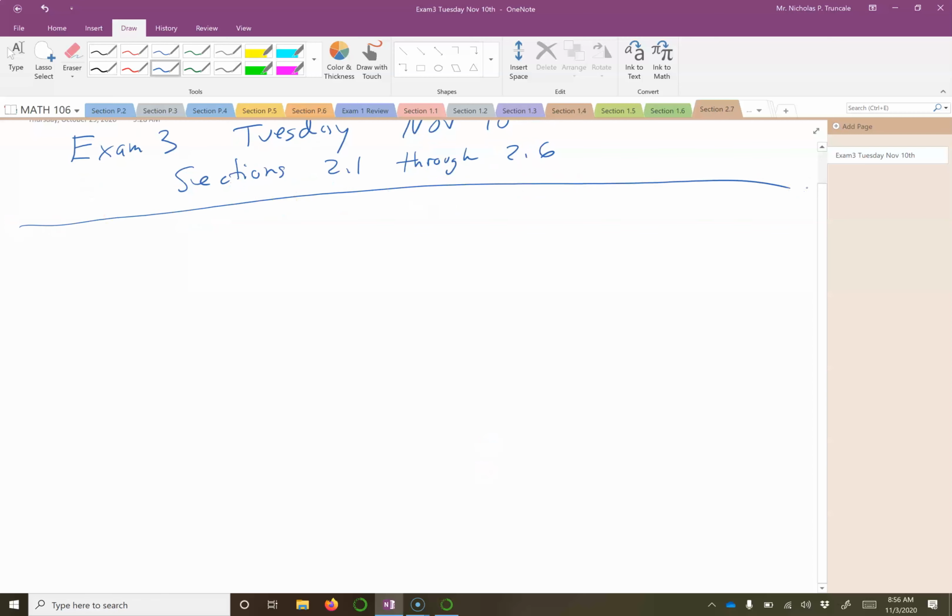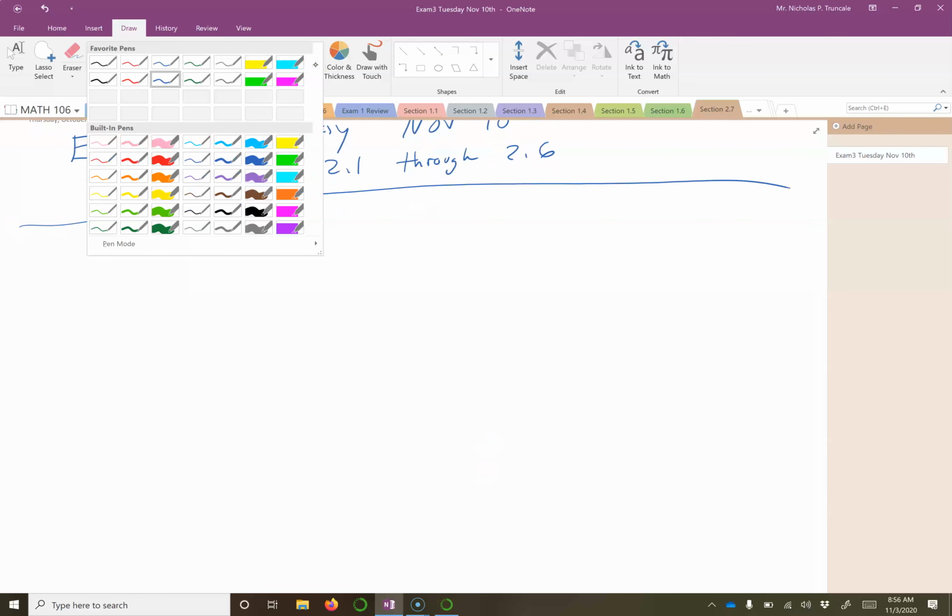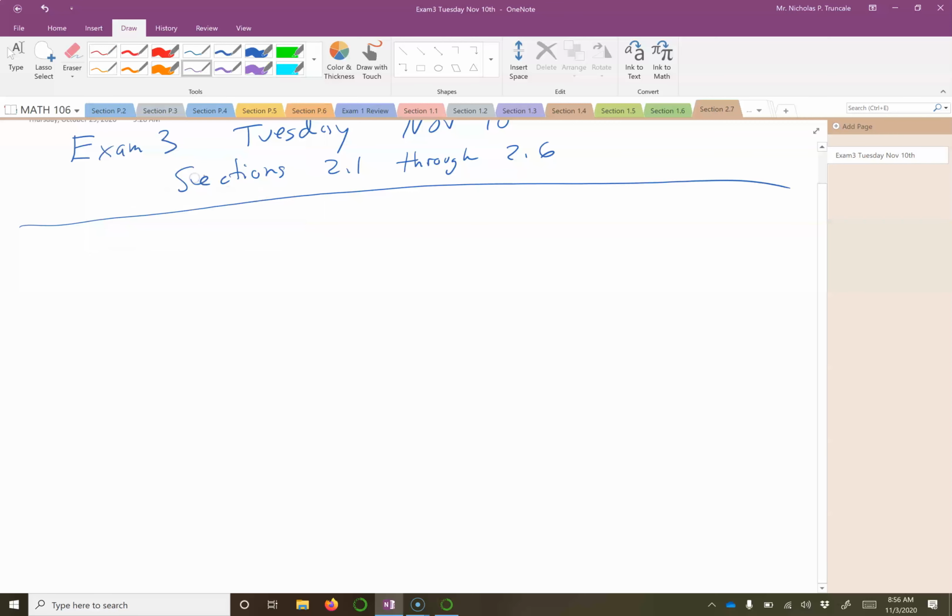Okie doke. So let's get a different color here. We'll go purple today. All right. So this is kind of a fun section, I think, maybe. It's graphing related, but you don't have to make tables and make it super precise.